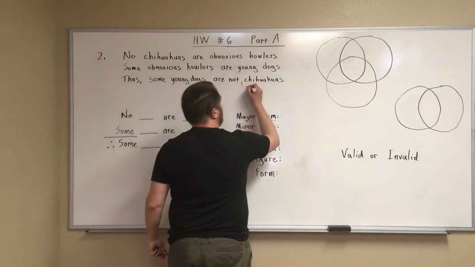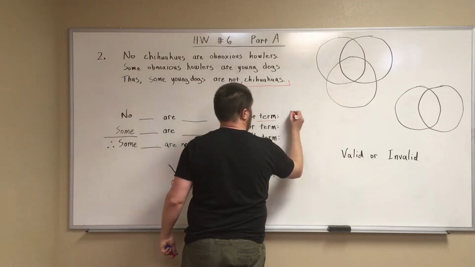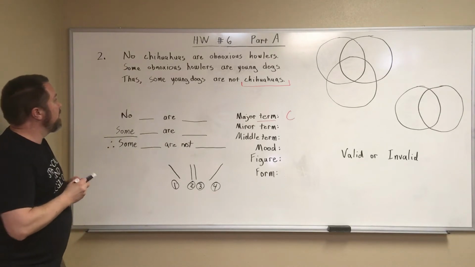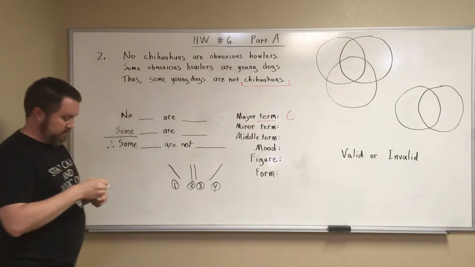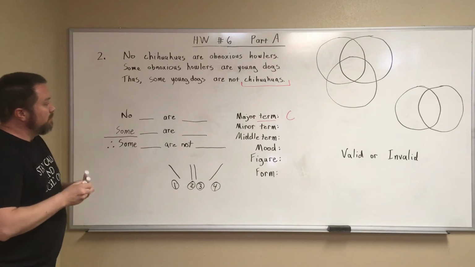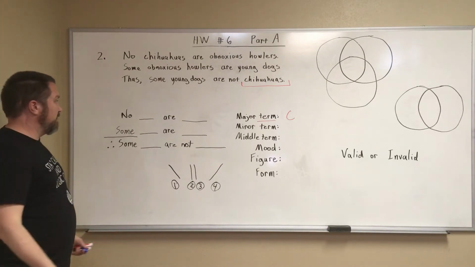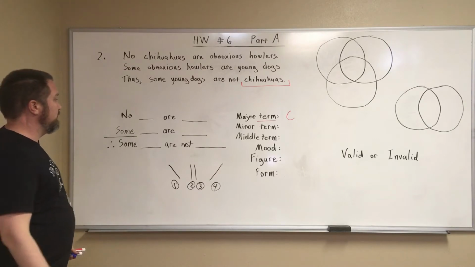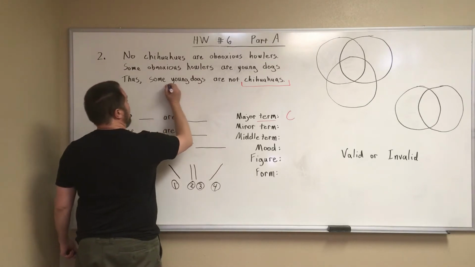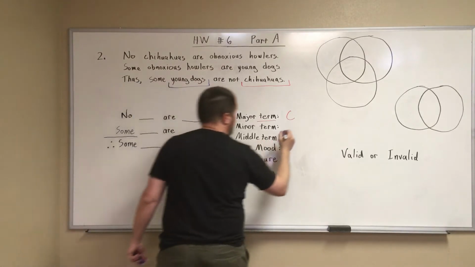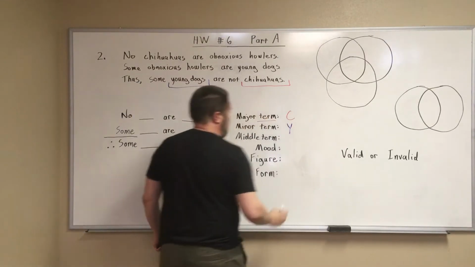So this is going to be chihuahuas. So we'll just go ahead and abbreviate that with a C. Let's not jump ahead. Identifying the minor term is going to be the subject of the conclusion statement. So the first part of the conclusion, the first term, is young dogs. We'll go ahead and abbreviate that with a Y.